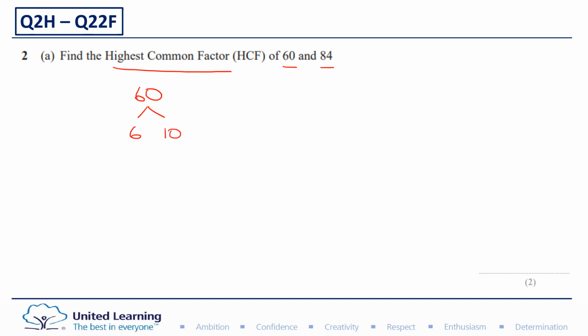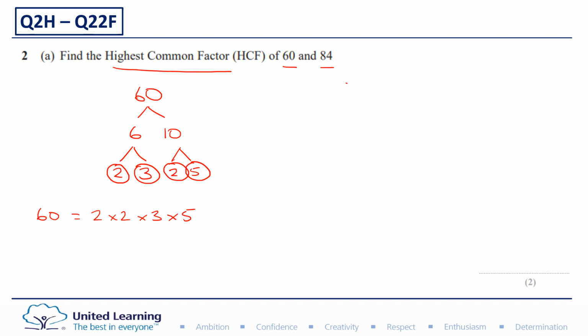So 6 times 10 makes 60. 6 is not a prime number, so I'm going to split that up, and that's 2 times 3. These are primes, so I can stop at the end of these branches. 10 is 2 times 5. Again, both of these are prime numbers, so I can stop. So I know that 60 is 2 times 2 times 3 times 5.